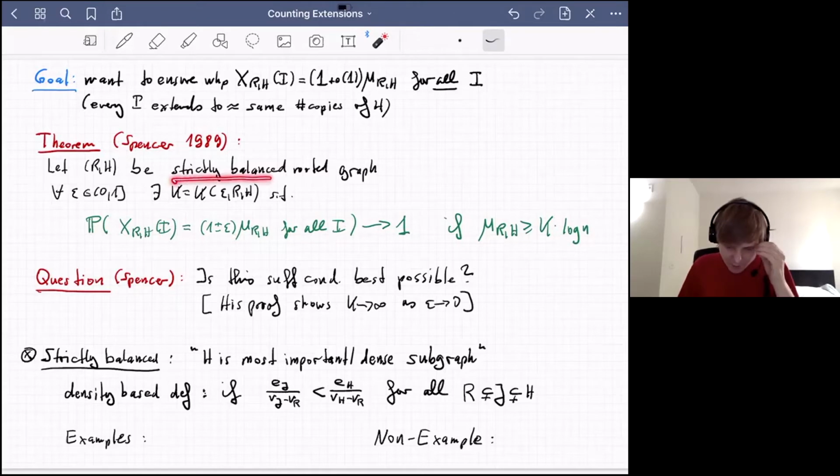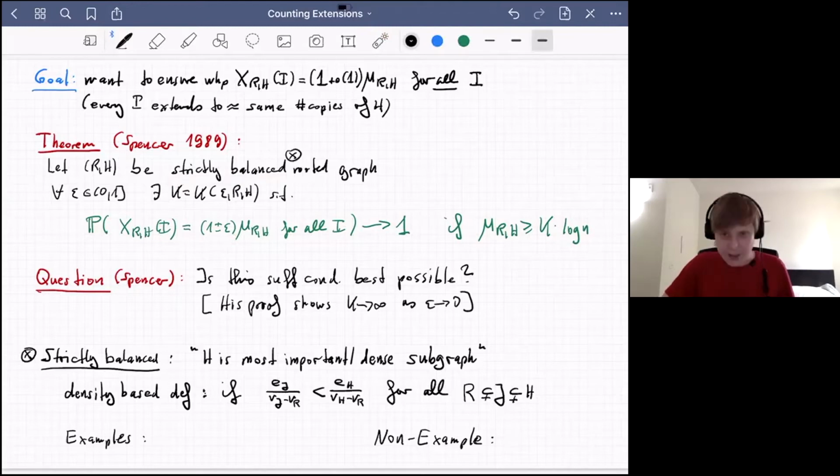Let me just say one or two things about this notion of strictly balanced. This is really, in some sense, an extension of the definitions that we're familiar with from normal subgraph counts. In normal subgraph counts, what matters is the densest spot of your graph H, where the ratio of edges to vertices is highest.